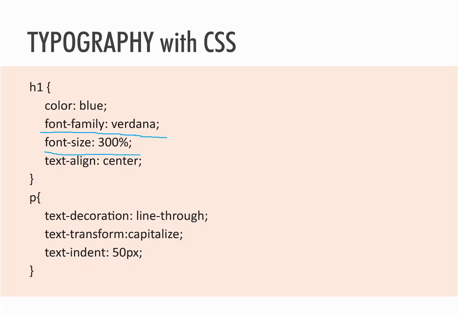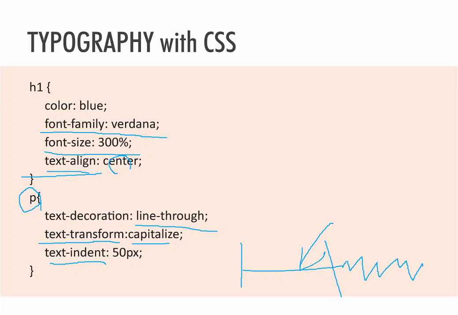Font sizes are 300% big, and you can align the text to the center. For text decoration, you can use line-through, or text-transform properties. You can capitalize all the letters inside the p tag, and you can indent the first line of text, here 50 pixels.